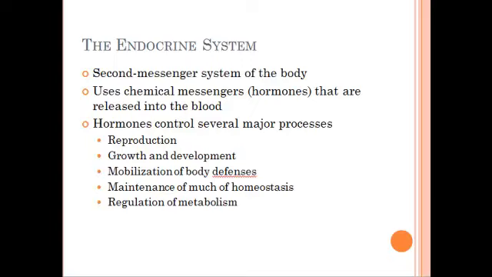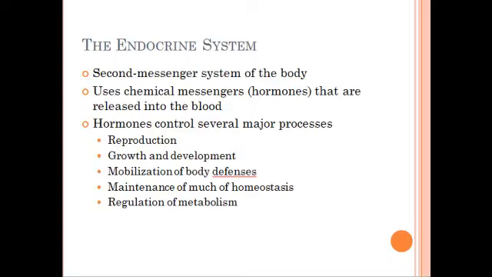So as we looked at in the last chapter, these ions are helping send electrical impulses throughout our body. The endocrine system, on the other hand, works through molecules called hormones, and we'll look at the different types of hormones. But they can be proteins, they can be steroids, and these molecules travel throughout our body to signal cells to carry out certain processes.